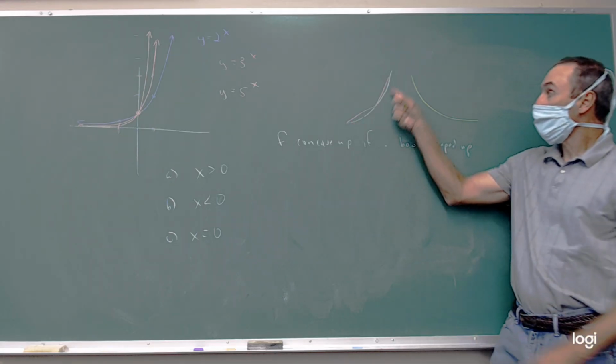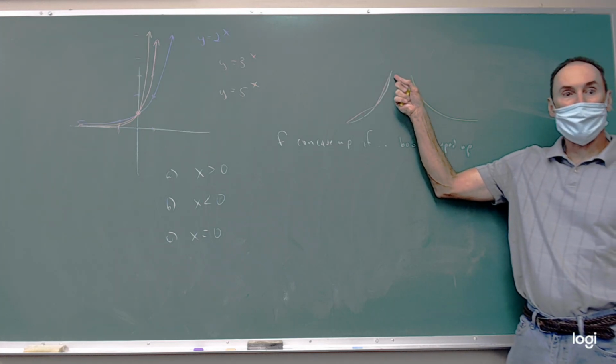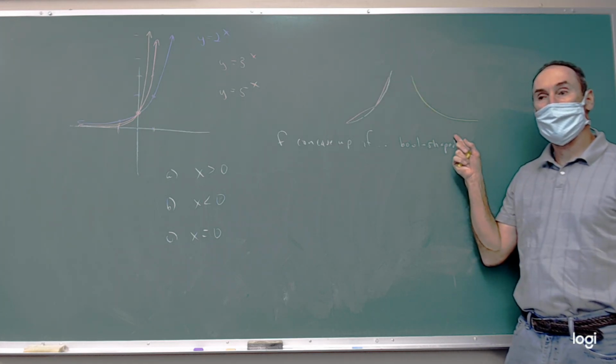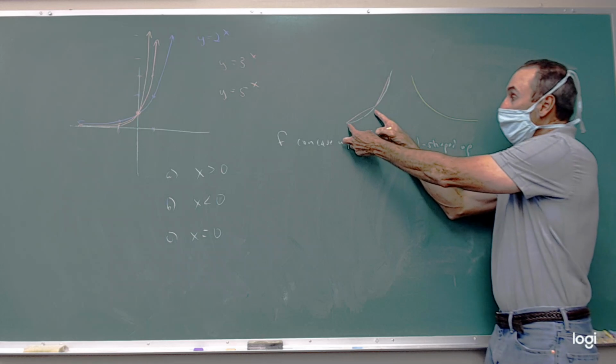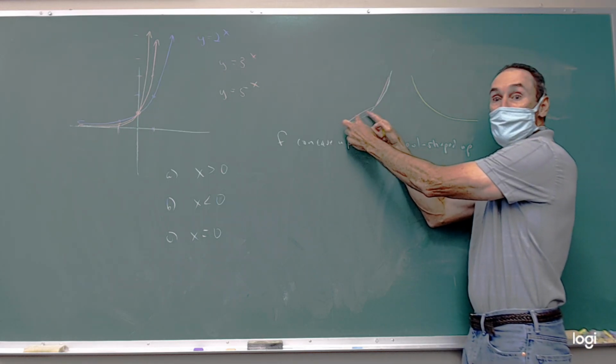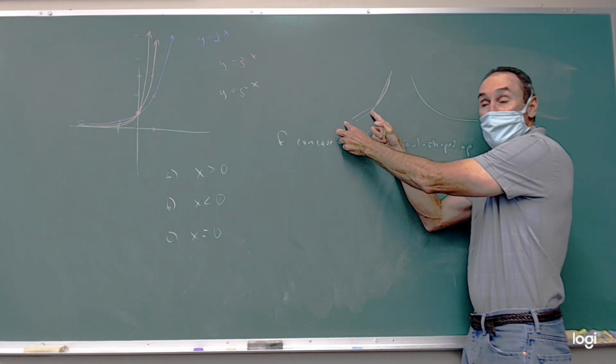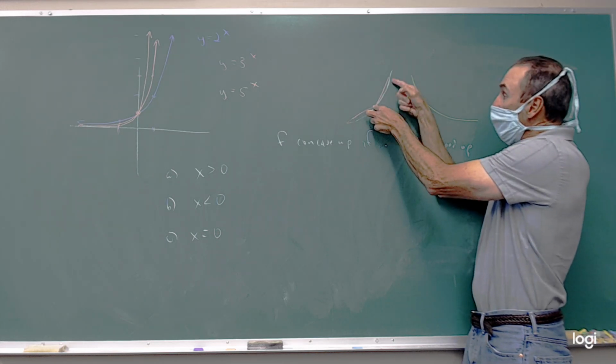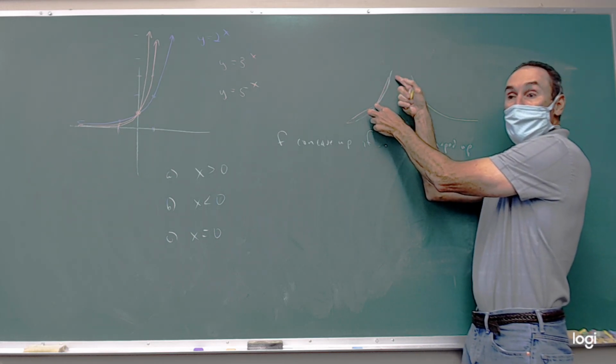So here is our first example of a function that's increasing concave up. There is decreasing concave up. Now, in the pink here, this average rate of change is the slope of that line. And then the average rate of change here is the slope of that line.